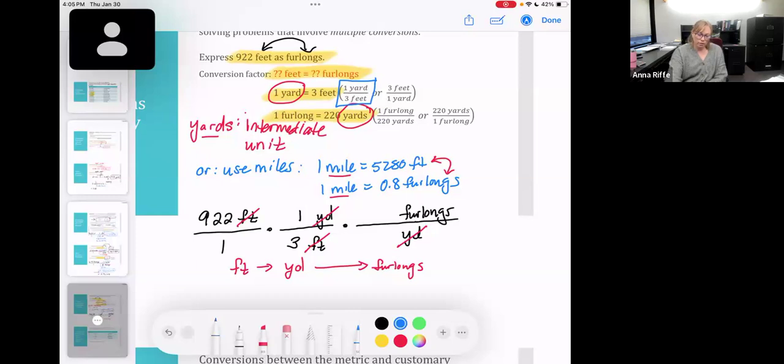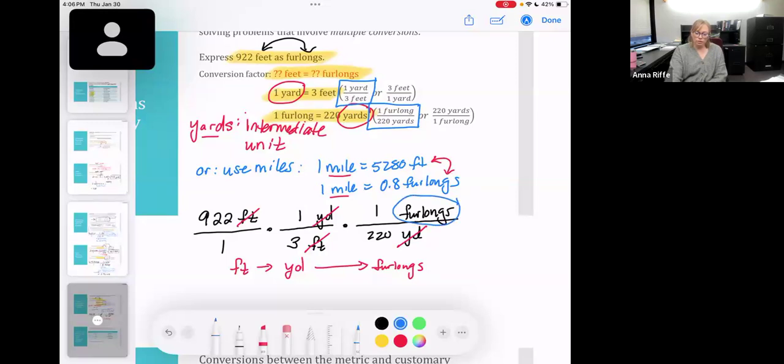It looks like I have a unity fraction here that has yards on bottom, furlongs on top. So I'll put the 1 here, put the 220 here. All right. So we have our unity fractions set up. We have obtained furlongs as the one remaining unit.